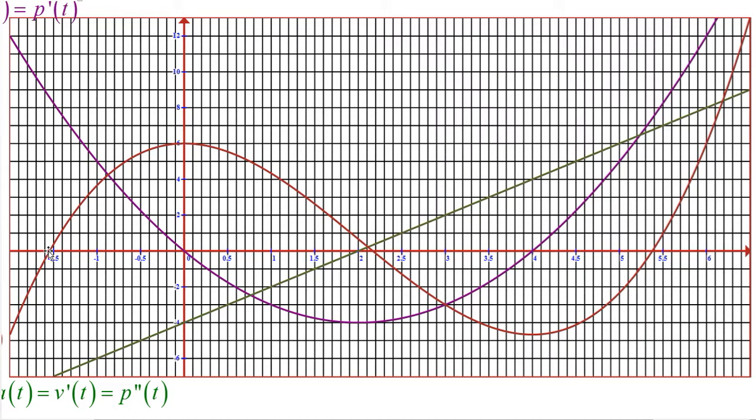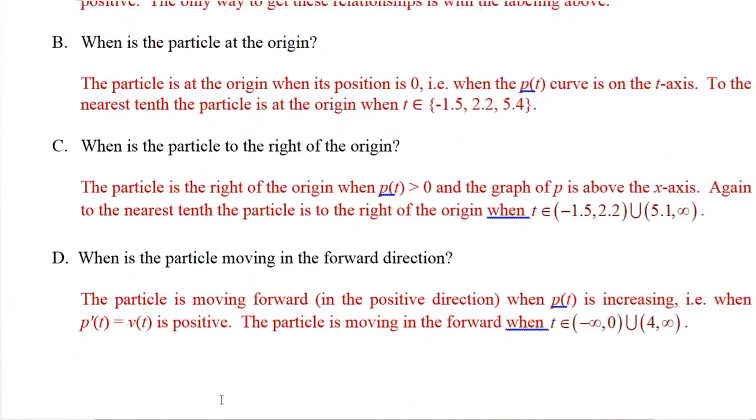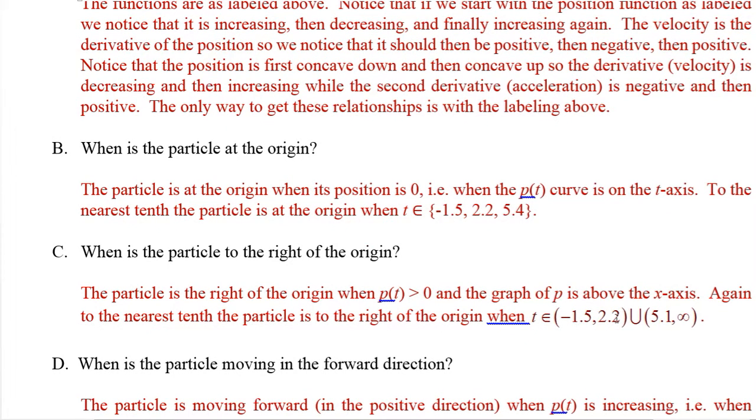So that's between whatever I said that x is to whatever that x is. And then it's also positive over here. The original graph is above the x-axis over here, so that's another place. So from there on. So that turns out to be between negative 1.5 and 2.2, and then from 5.1 to infinity. Again, those are just rounded off to the nearest tenth.